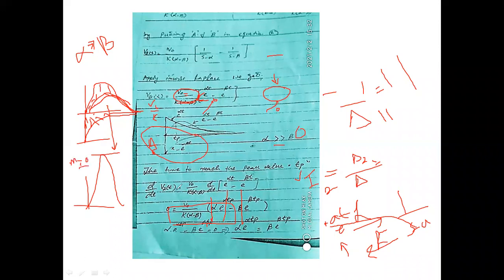Okay, so d by dt of v2 of t is equal to v naught of this. Okay, so this is equal to 0 because no change occurs at the peak value. At both maxima and minima the slope is equal to 0, so we will be left with this.